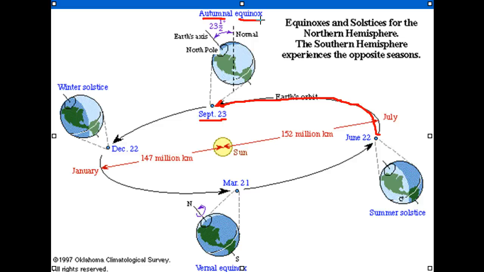Now the days continue to get shorter and the nights continue to get longer, and you should understand that it starts to get cooler because the ground is no longer absorbing the same amount of direct rays. Write that down.